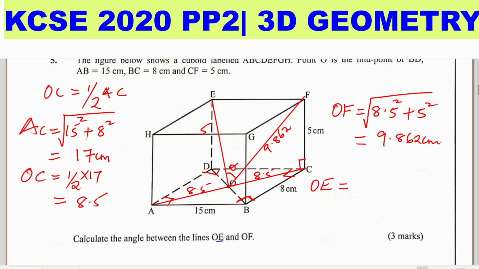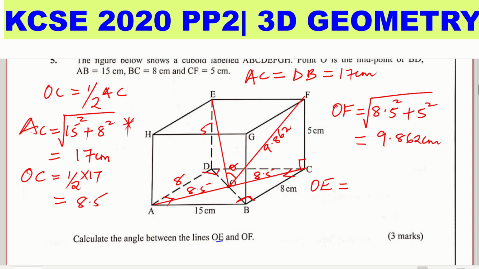Again, you'll notice that AC is equivalent to DB, which we got as 17 centimeters. Why? Because this is also 8. If we consider triangle ADB, DB will be the hypotenuse, and to get that, you'd get the square root of 8 squared plus 15 squared, which is the same thing we did to get AC.